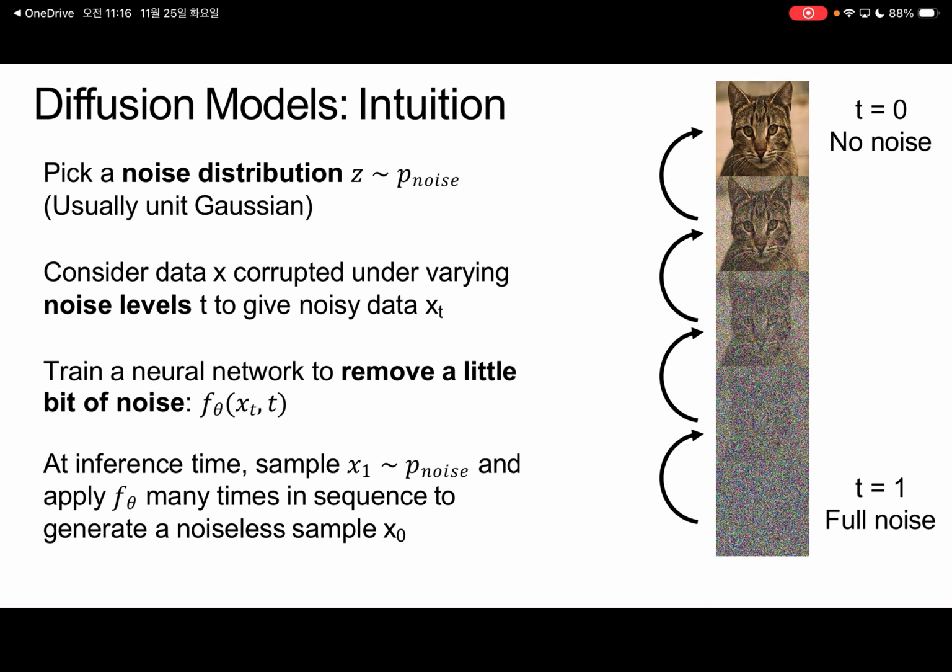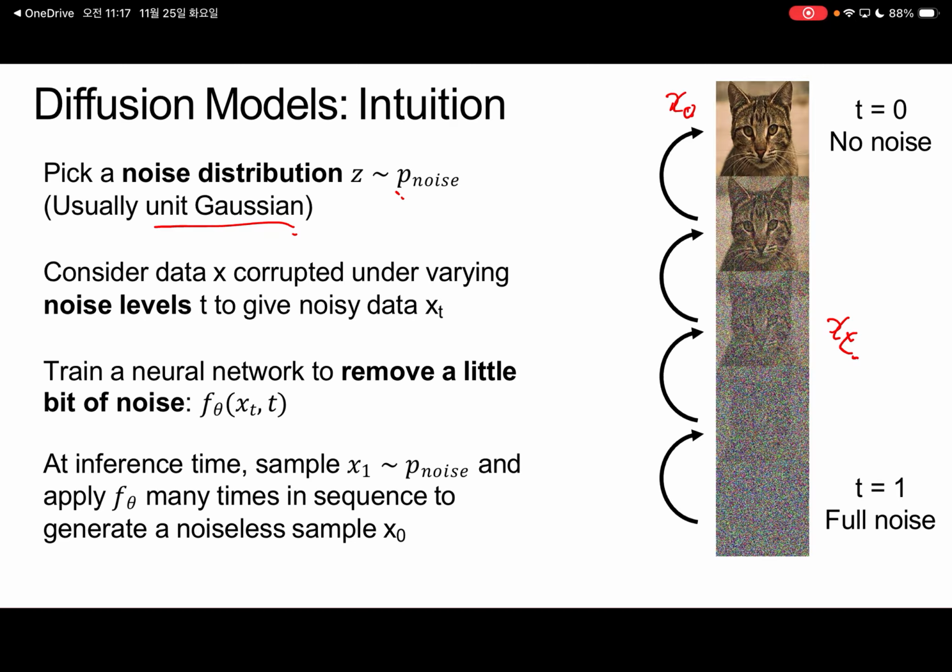And diffusion models are used everywhere these days, right? So the intuition is that we pick a noise distribution. Here we also use the normal Gaussian distribution, and consider data x corrupted under varying noise level t to a given noisy data xt. Here xt is somewhere around here, and this is x.